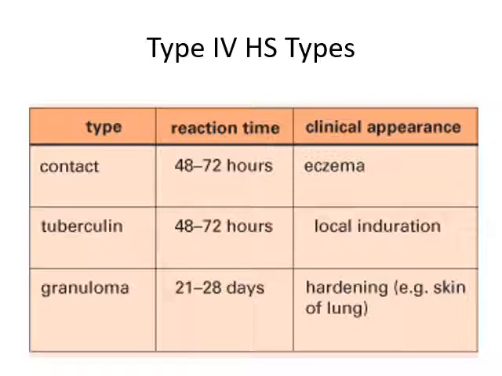Second type is tuberculin, which will also take 48 to 72 hours and is once again clinically manifested as local induration. While the third variety is granuloma, which takes a longer time, 21 to 28 days, and there is a granuloma or hardening within various organs.